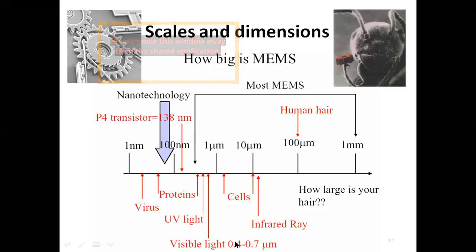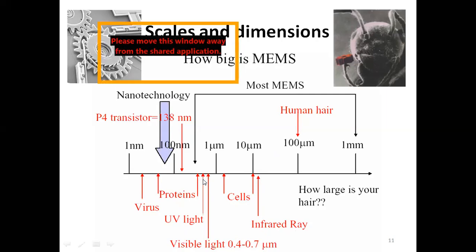Visible light wavelength 0.4 to 0.7 micrometer. UV light, ultraviolet light is in nanometers, 80 nanometer, I think it's 700 nanometers. Size of the protein, viruses are normally between 1 nanometer to 100 nanometer.